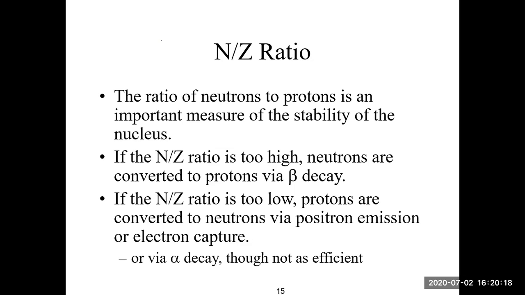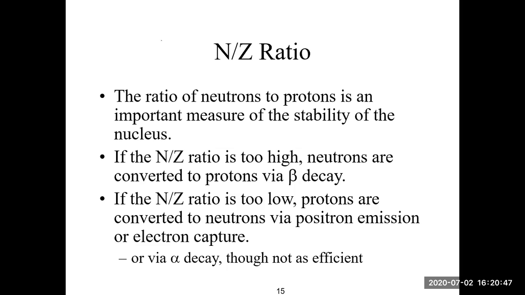N is the neutrons, Z is the atomic number, or the number of protons. So this is the neutron to proton ratio. That's a pretty good measure of stability, and we can use that to help us decide if an isotope is going to be stable or not stable.